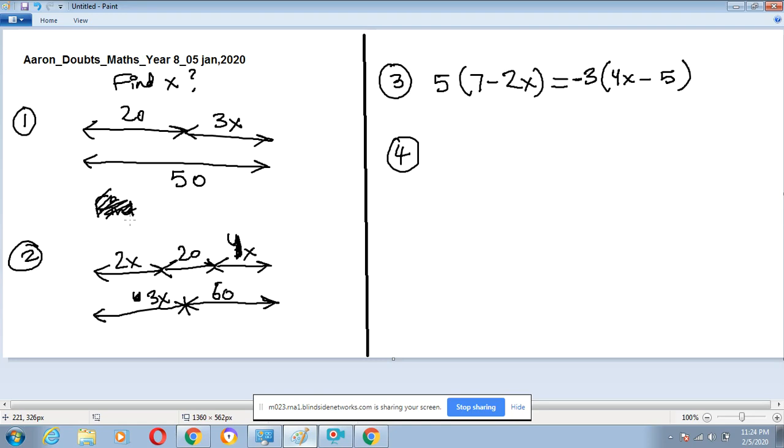Okay, so the second question, question 2, is x equal to 40, right? Oh, one second. So it's 6x and 3x equals.